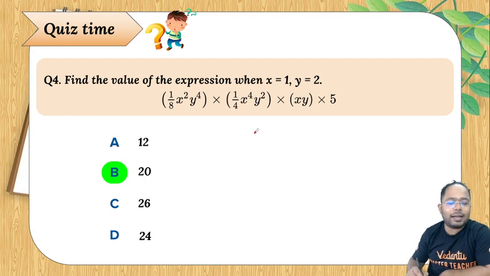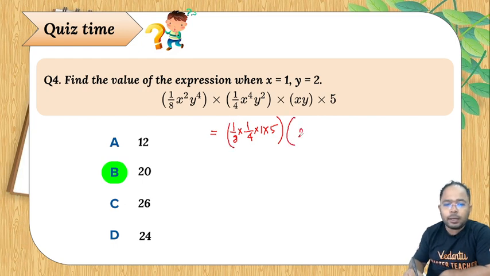Yes, the right answer is 20. First of all, regarding the signs, we'll check all are positive. So definitely it would be positive. Next comes 1 by 8 into 1 by 4 into 1 into 5.